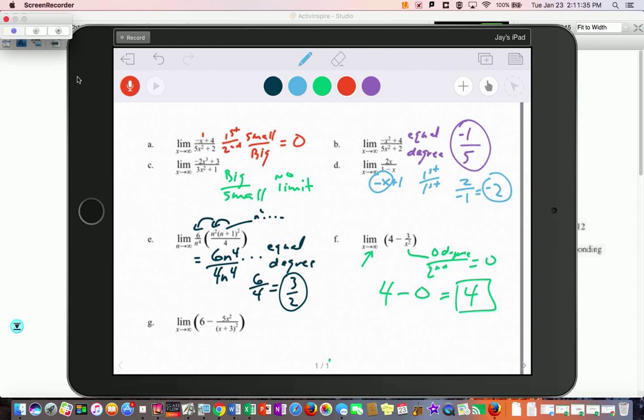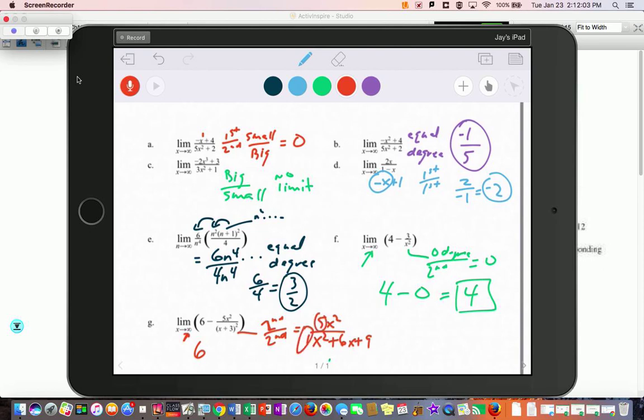So something here is happening the same way. As I go to infinity, I get 6. Now on this one, I would say this is a second over a second. So that's 5x squared over technically x squared plus 6x plus 9.